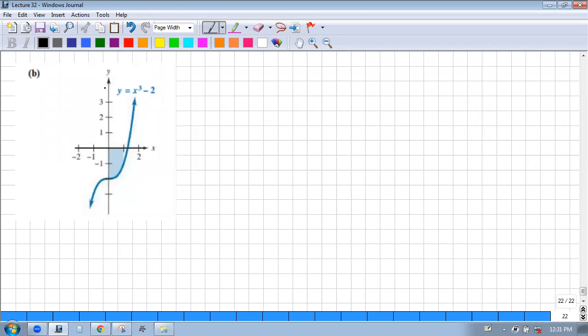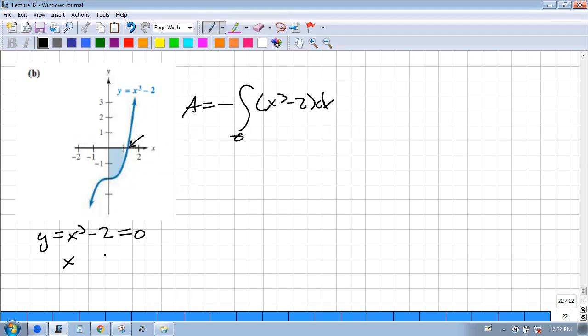All right, so since this one is below the x-axis, the area is going to be the negative integral of x cubed minus 2 dx. So we're going from 0 to, what's that? How do we figure that out? It's where our y value is 0, right? Remember how to solve roots, right? Set your function equal to 0 and solve for x.